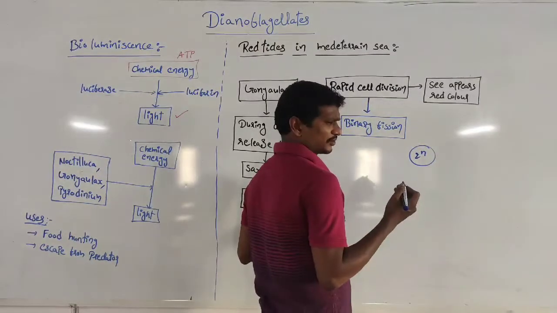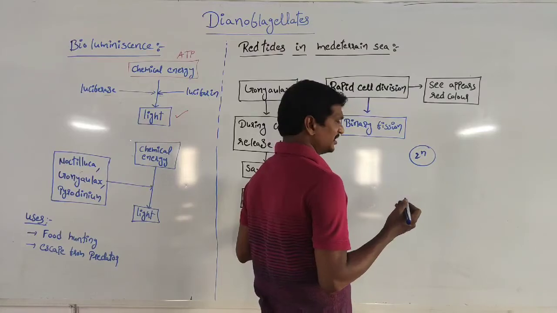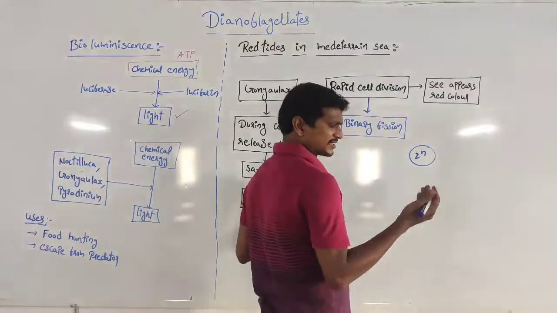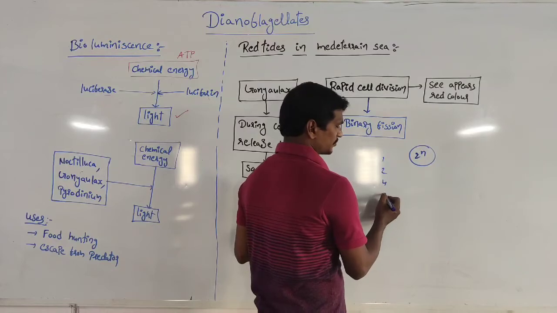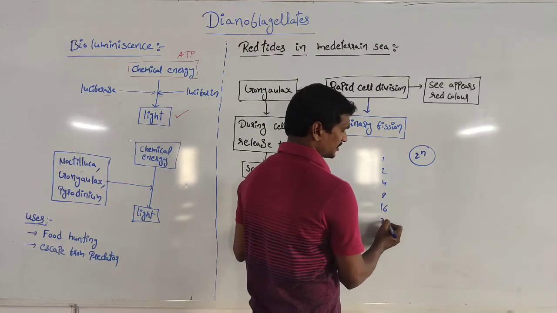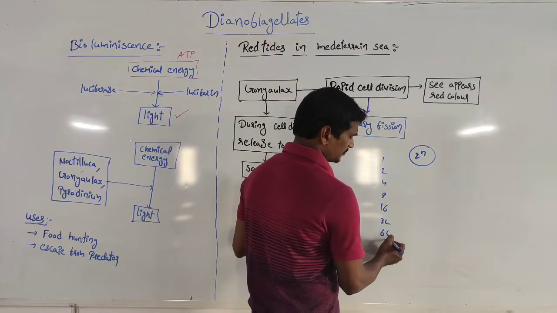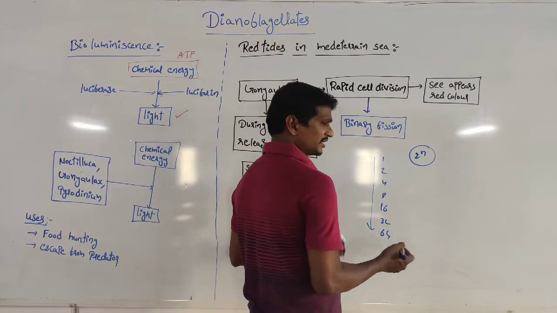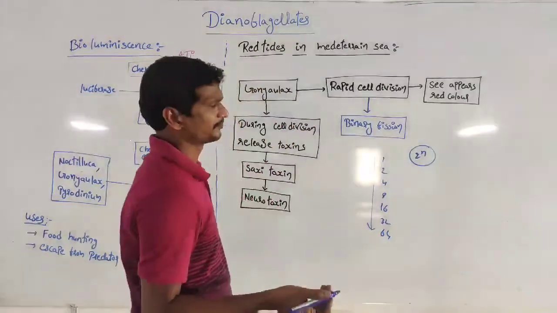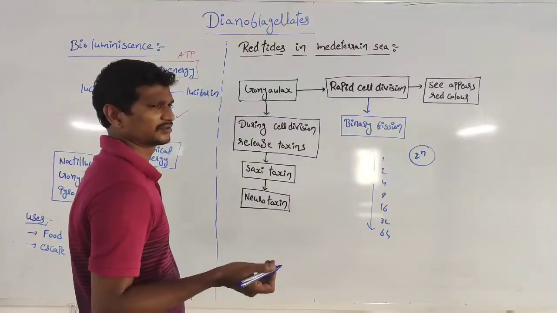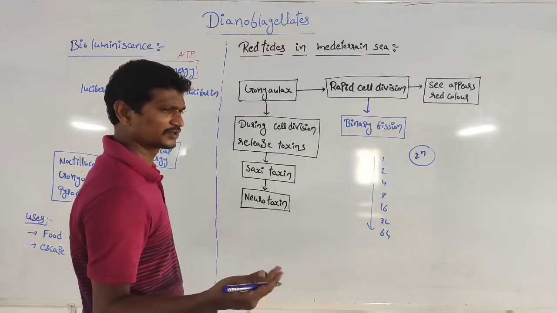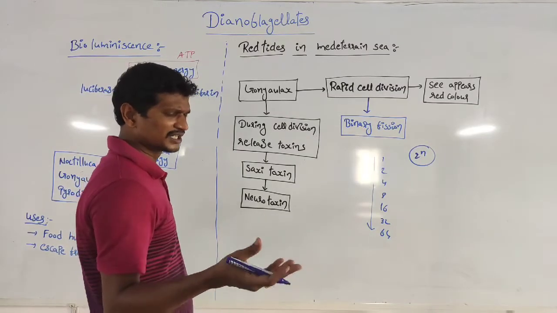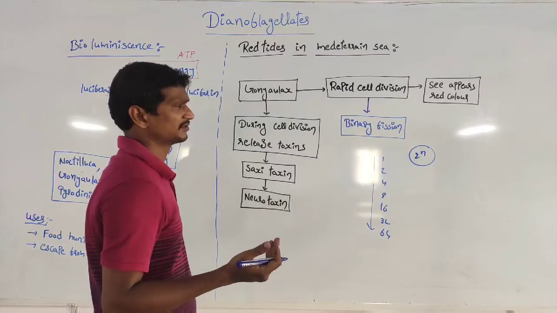Suppose for one bacterium, 20 minutes are required. Every 20 minutes the number of bacterial cells is doubled. Initially 1, next 2, next 4, 8, 16, 32, next 64, like this. So continuously the number of cells is doubled by binary fission. 1 lakh becomes 2 lakhs, 2 lakhs becomes 4 lakhs, 4 lakhs becomes 8 lakhs. So immediately the cells are doubled by binary fission.